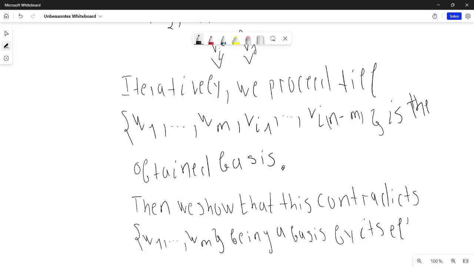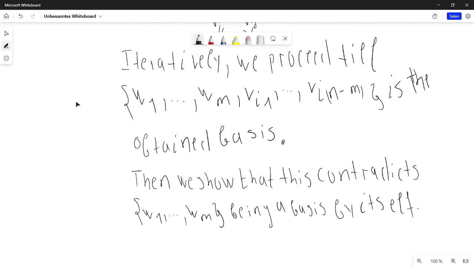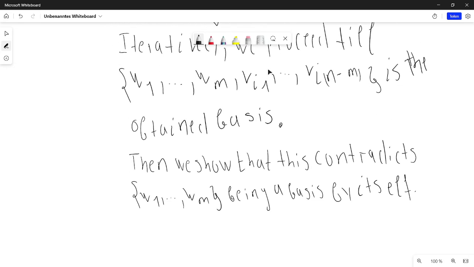We have shown if m is more than n, then we can always do this replacement, obtaining such a basis where at least some few other vectors are contained, right? In the basis by itself.